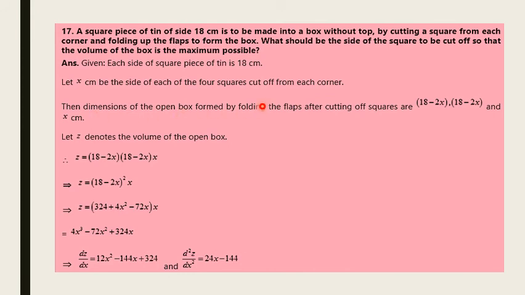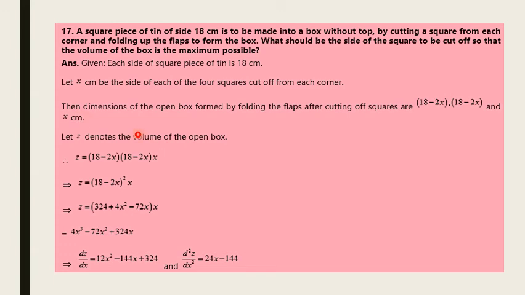From each side x centimeter is cut off, so length is 18 minus 2x, breadth also 18 minus 2x. Now the height of the box is actually the side of the square only. So the dimensions of the open box are 18 minus 2x, 18 minus 2x and x.